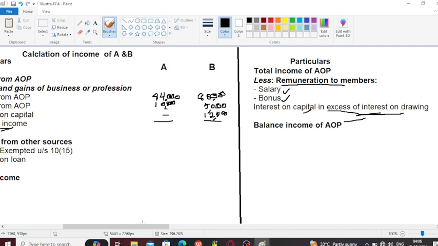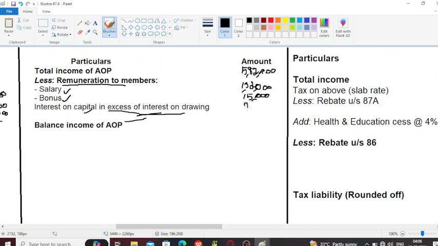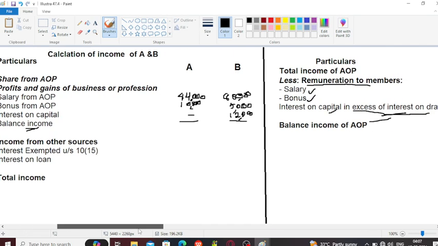So we need to write 12,000 only, because AOP paid 15,000 to A, but Mr. A paid 16,000 to AOP. If you subtract, it will go to a negative value. So we don't need to write interest on capital for Mr. A.